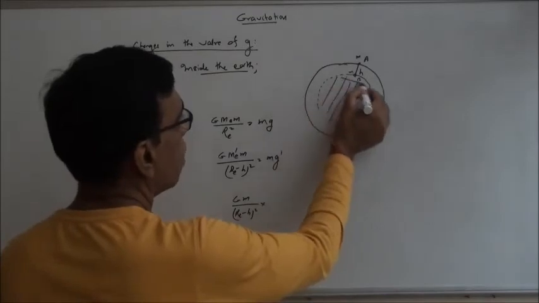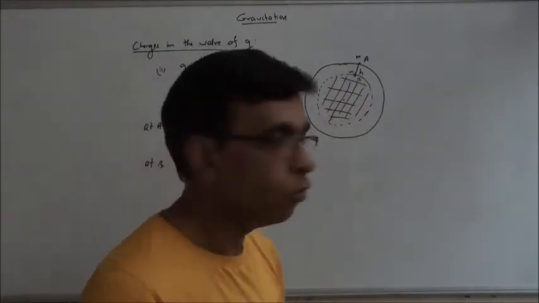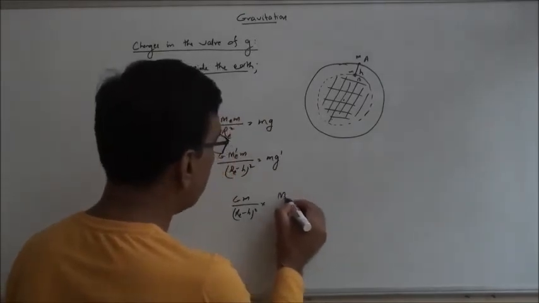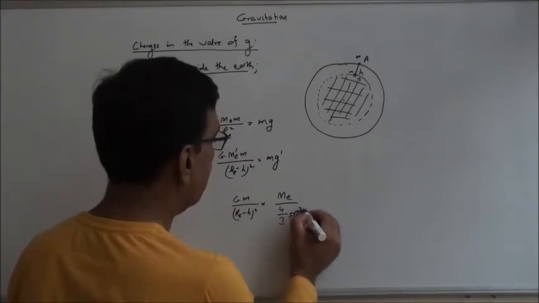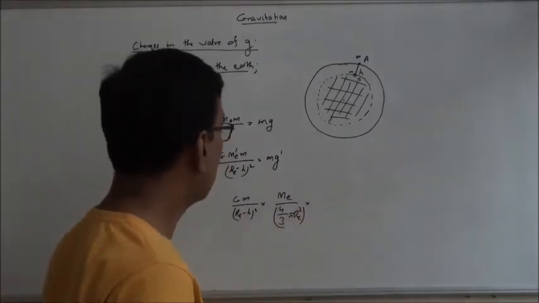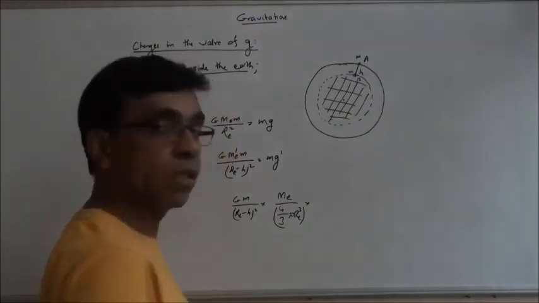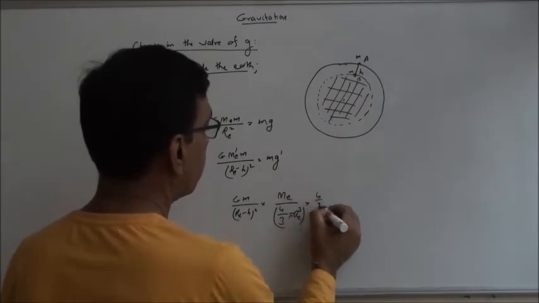Me dash means mass of this part. Mass is density into volume. For density, again, total mass of the earth divided by total volume, mass upon volume. This is density, and multiplied by the volume of this part.